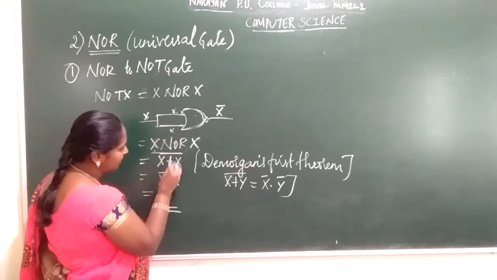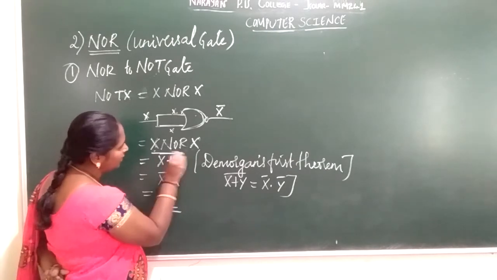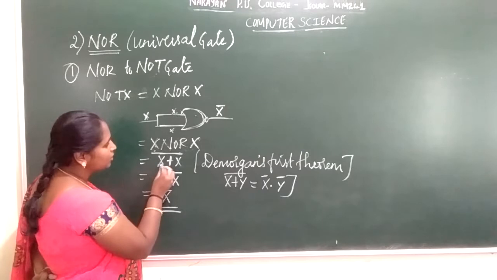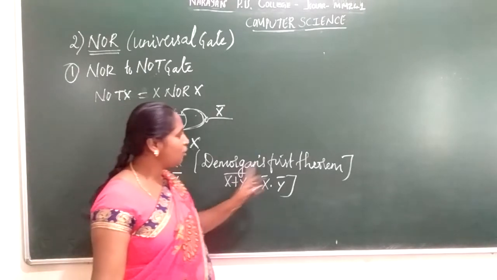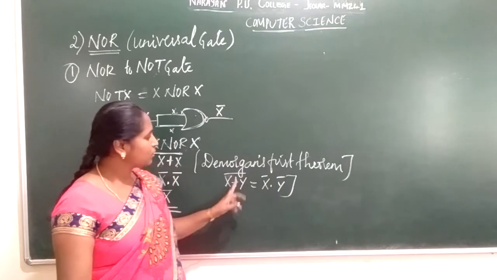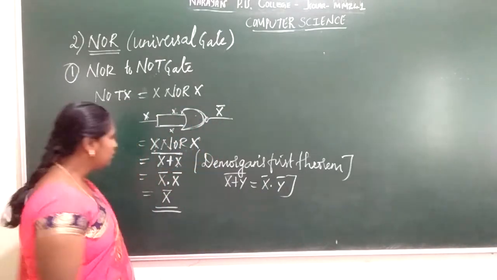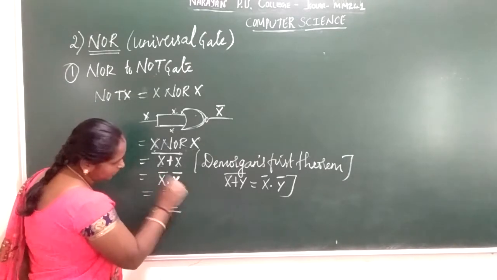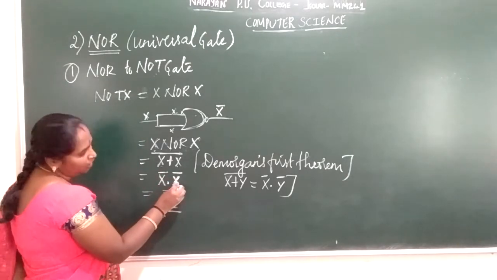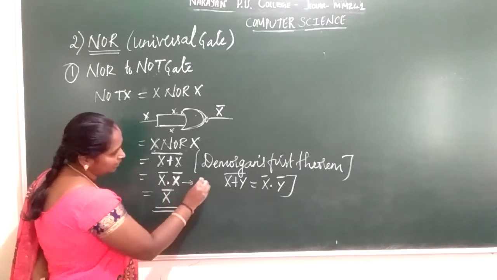NOR is nothing but the complementation of the OR operation, so it becomes x plus x the whole bar, which by De Morgan's first theorem, x plus y the whole bar equals x bar into y bar, is x bar into x bar, that is nothing but x bar. I have applied the idempotence law here.